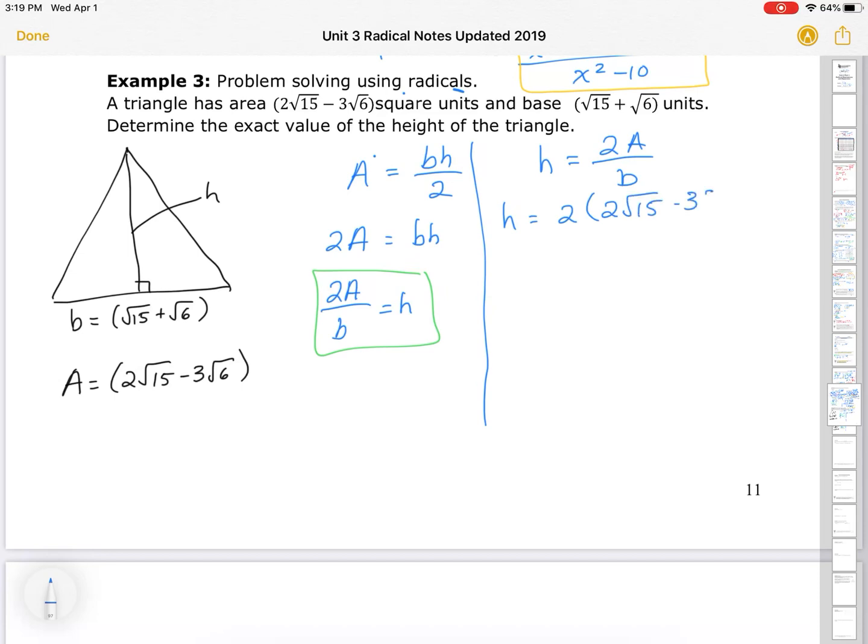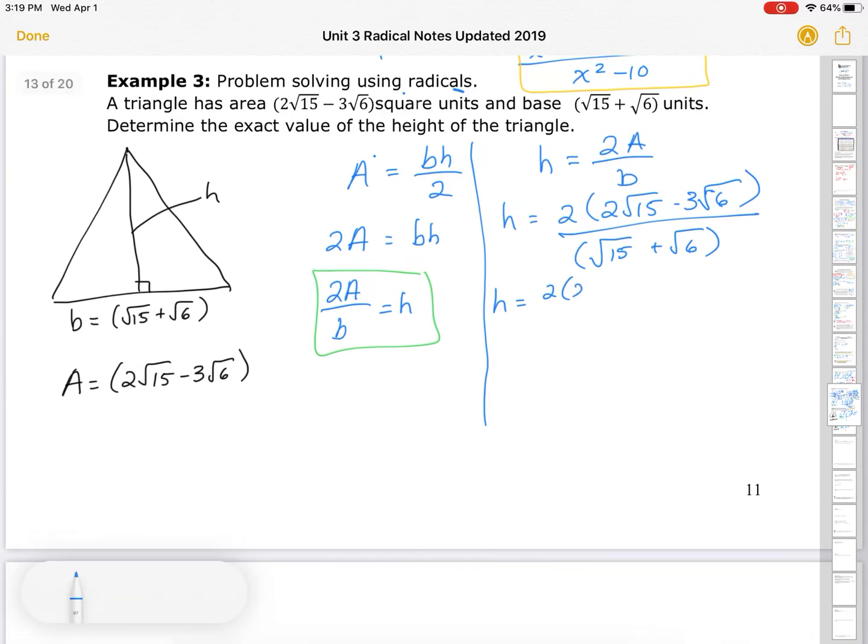So h is equal to 2 times our area, 2 root 15 minus 3 root 6, all over root 15 plus root 6 units. Now, in order to figure this out, I basically have to rationalize the denominator. So I'm going to multiply the top and the bottom by the conjugate of my denominator.